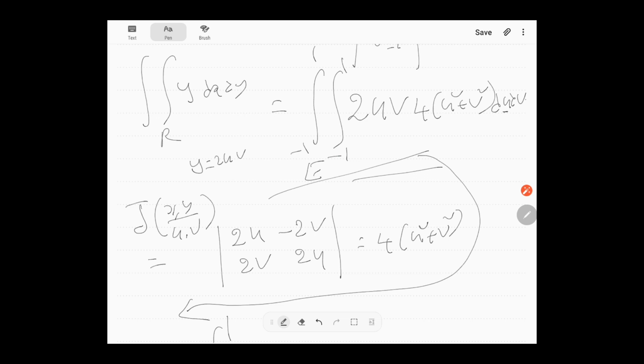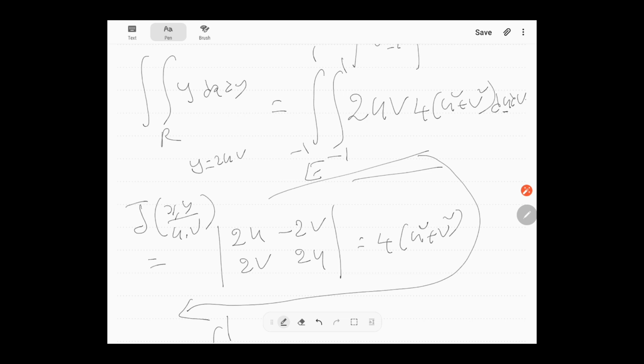So u cube is an odd function. Therefore, u cube into v will become 0. And another term is u v cube, u is a constant, therefore that is also 0.